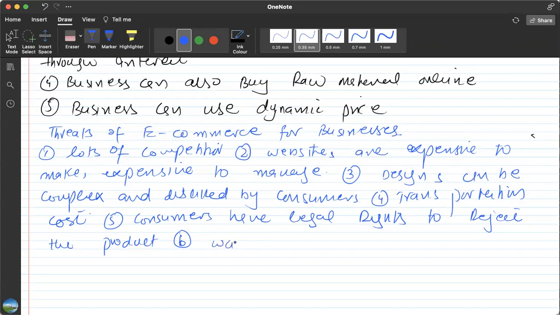Warehouse cost: at least you will have to buy or rent a warehouse, and you will have to pay the cost for that.